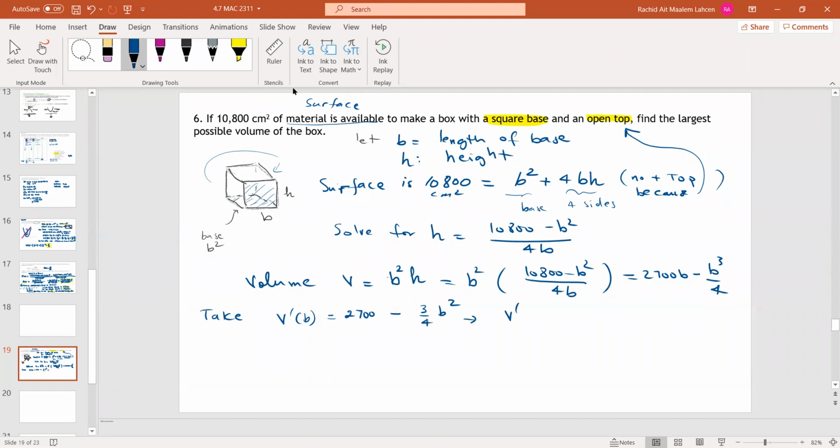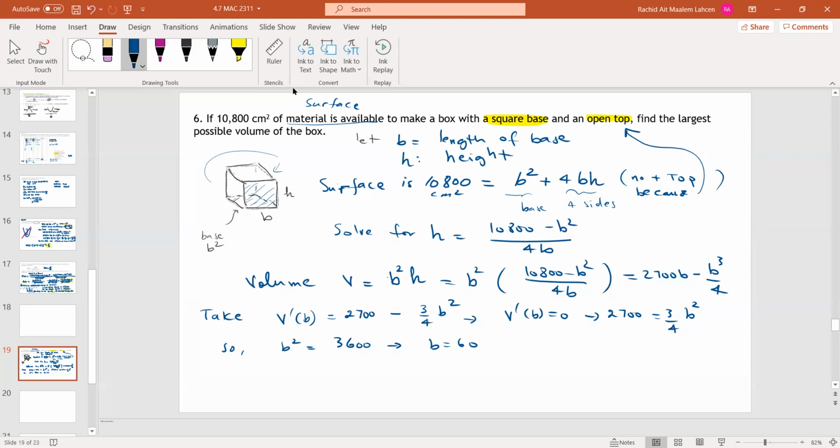Then we're interested in this first derivative being 0, so we will solve it. 2,700 equals 3/4 B squared. So B squared is 3,600, and B is going to be 60, the square root of 3,600.